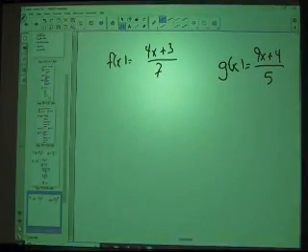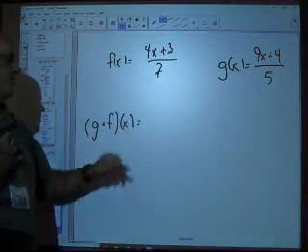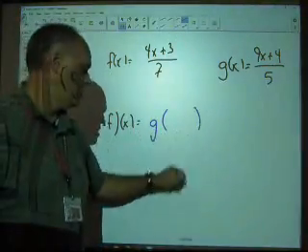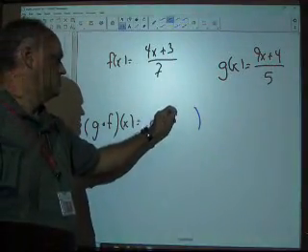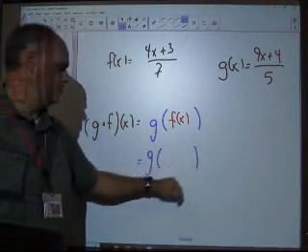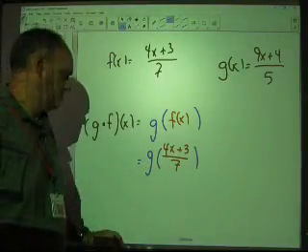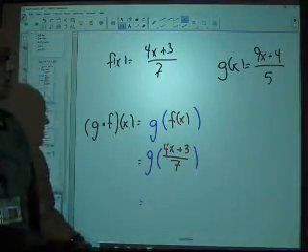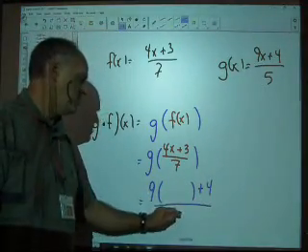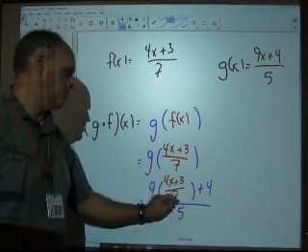So now let's do composition again, and just for fun, let's do g circle f of x, which is going to be g of f of x, where the f of x function is 4 times x plus 3 divided by 7, which is then going to be 9 times the x value plus 4 divided by 5, where the x value is 4 times x plus 3 divided by 7.